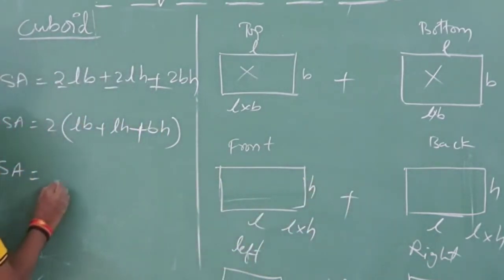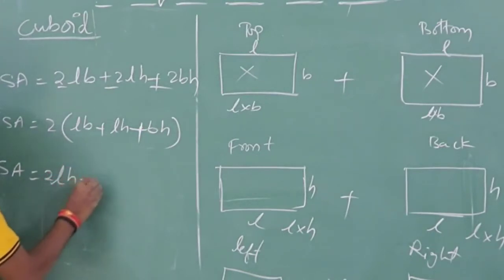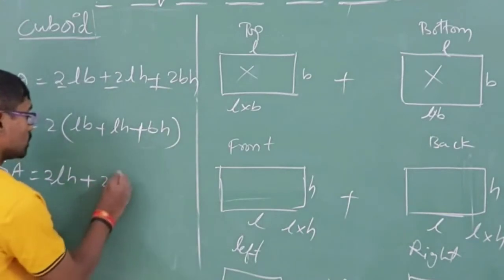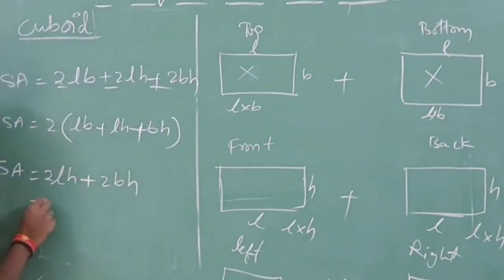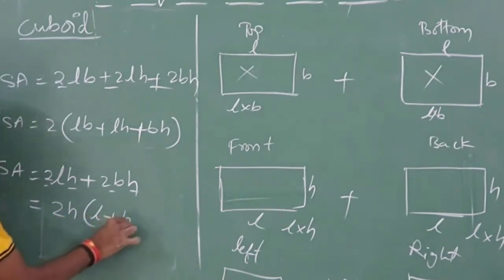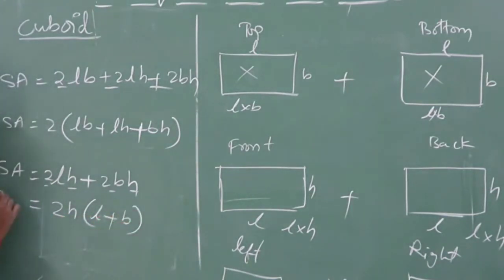Front and back, LH plus LH, 2LH, plus BH plus BH, we have 2BH. From these, I can take 2H as common. If I take 2H as common, what is left in the bracket? It will be L plus B only. So this is the lateral surface area of the cuboid.